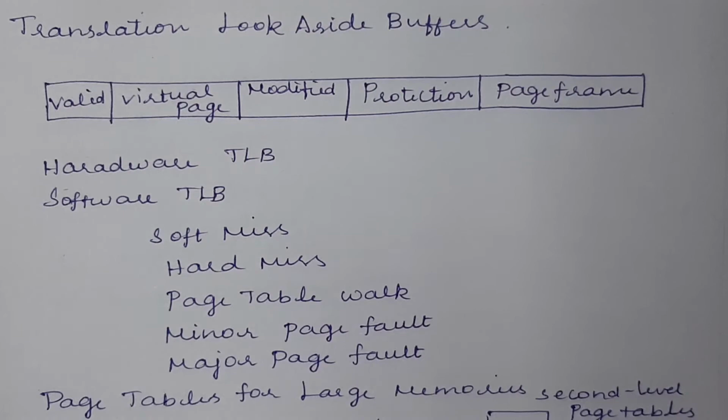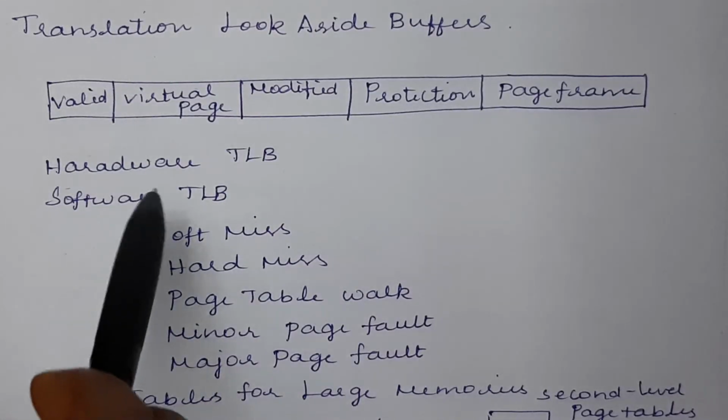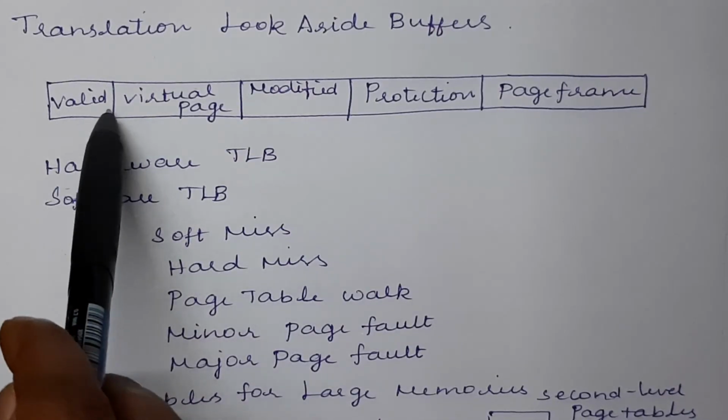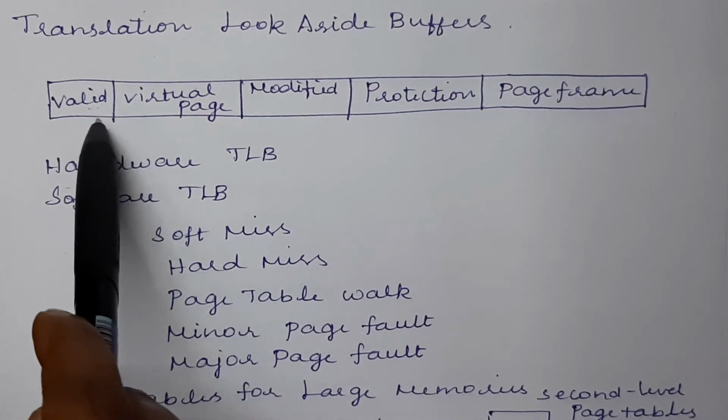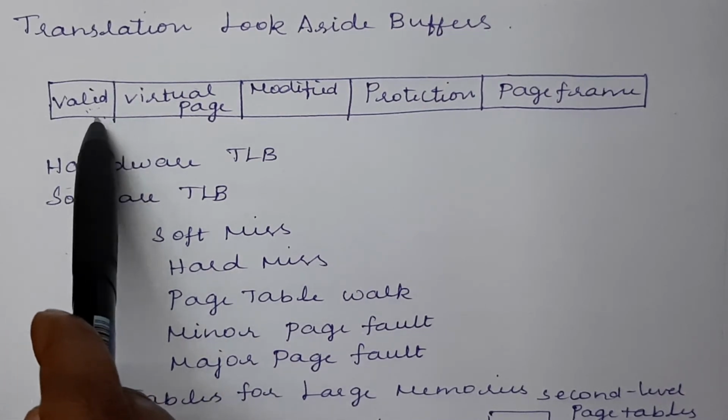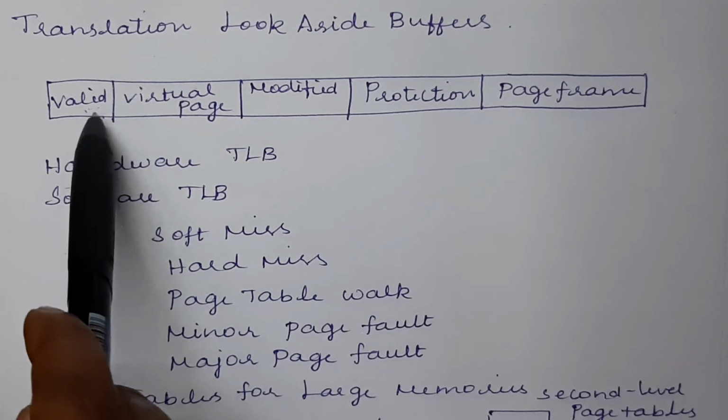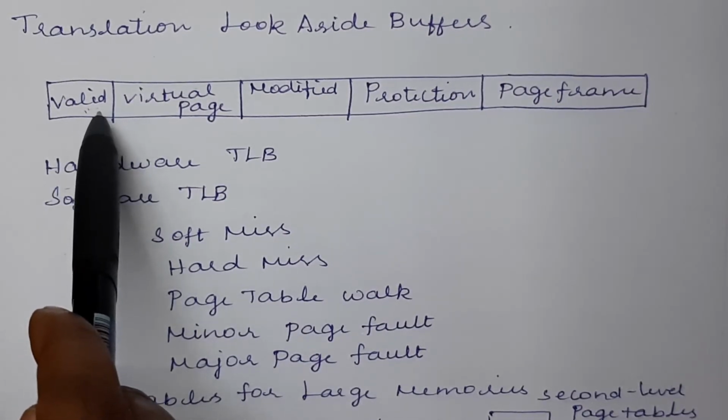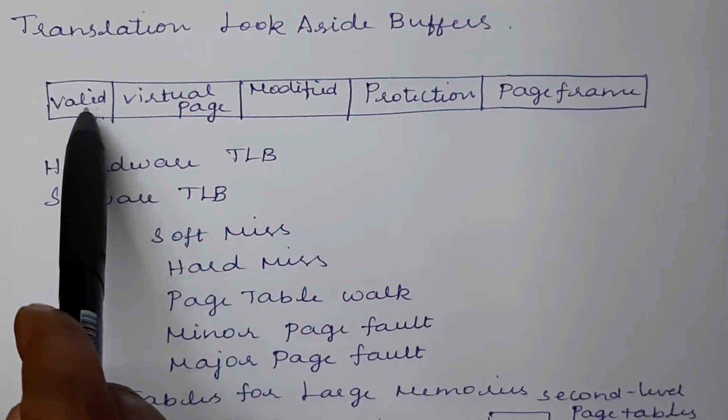So these are the fields that we can have for the TLB entry. The first one is the valid field. It indicates whether that page is valid or not. We already know what a valid page is: if the page is not available in main memory, we call it an invalid page.